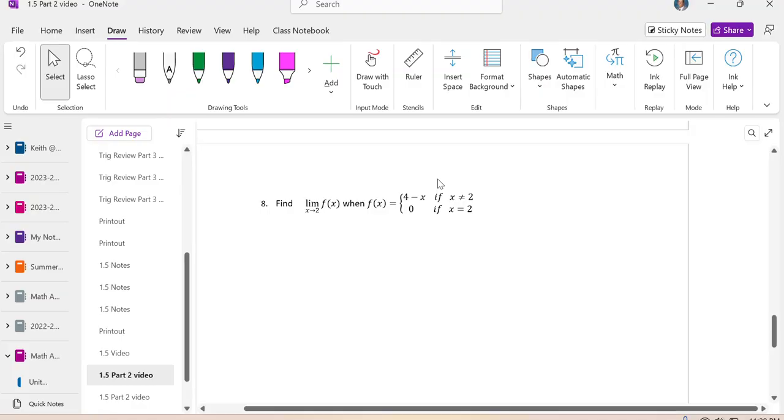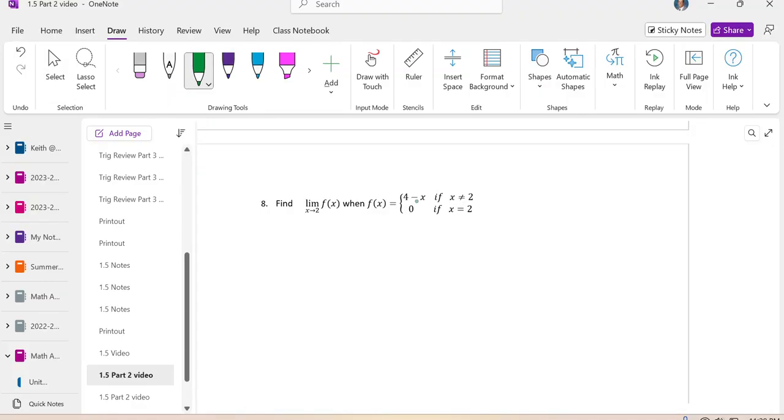Notice here, this one is saying the piecewise function, it's 4 minus x if x does not equal 2, and if it equals 2, it's equal to 0. So basically, if you think of this graphically, 4 minus x is a line that goes down, and then at 2, you have a hole, right?